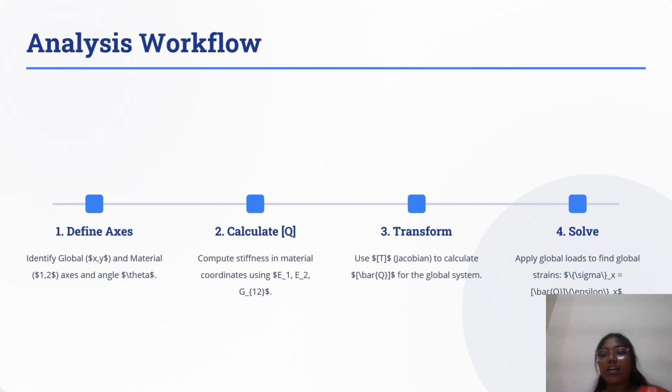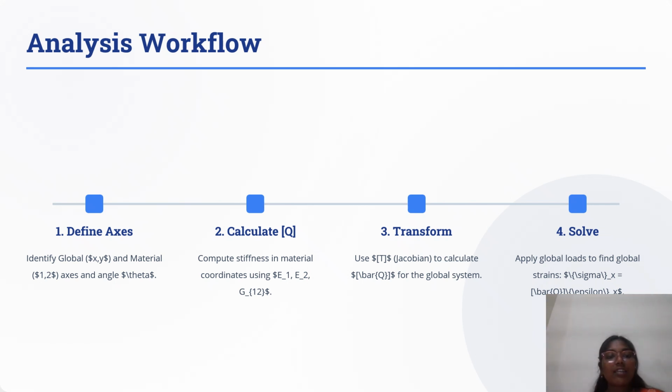Sigma equals Q bar epsilon. The use of the Jacobian matrix for stress strain transformation under coordinate rotation in orthotropic materials provides a robust and systematic method to handle complex material behavior. By applying the Jacobian, one can accurately transform stresses and strains between different coordinate systems, ensuring that the material's anisotropic properties are correctly represented.